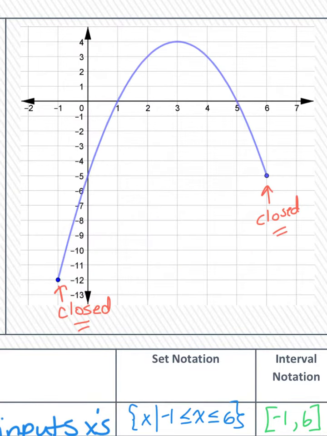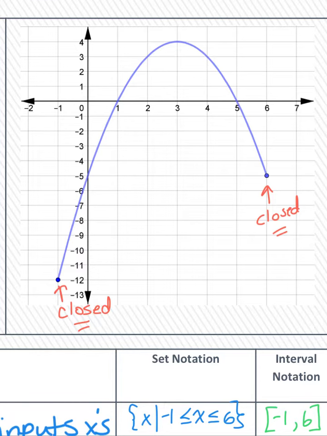From the range perspective, that's the set of all outputs. So our minimum output is y equals -12, and our maximum output is y equals 4. The -12 is closed, and the 4 is also closed. We can touch that on the graph.